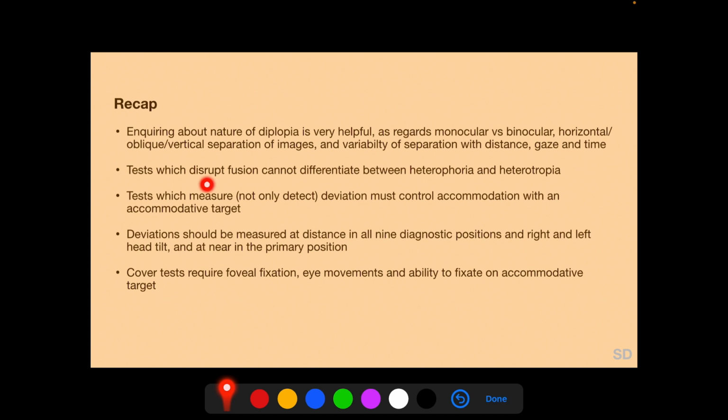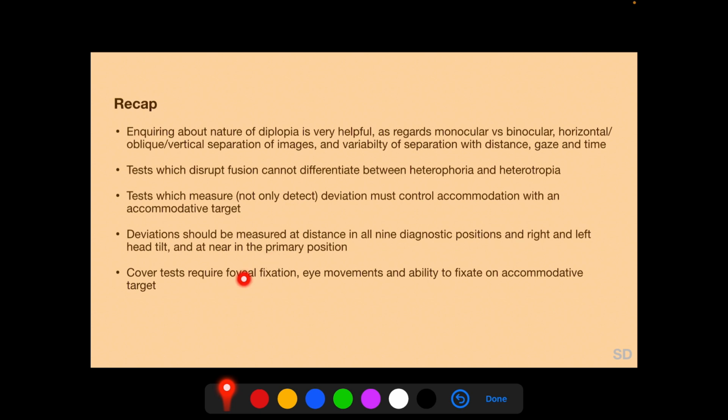Tests which disrupt fusion cannot differentiate between heterophoria and heterotropia. Tests which measure deviation must control accommodation with an accommodative target. Deviation should be measured at distance in all 9 diagnostic positions of gaze and right and left head tilt, and at near in the primary position.